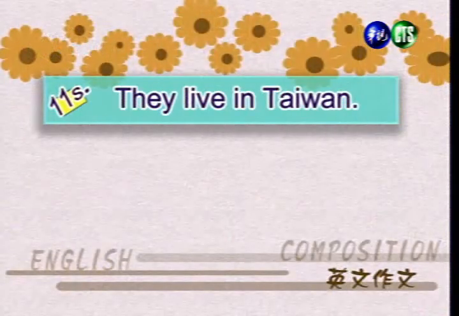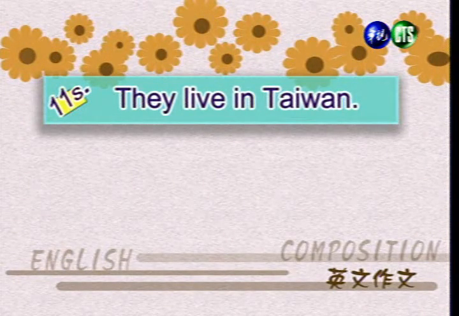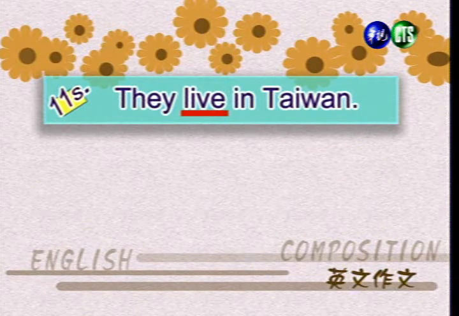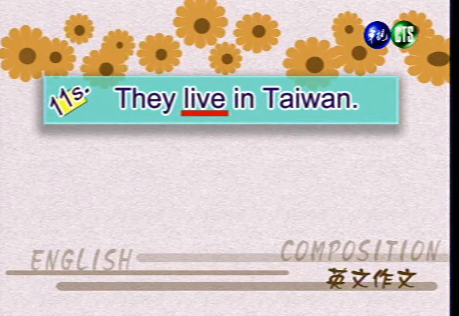So the verb of our sentence here is live. There's no auxiliary verb in this sentence, and there's no be verb in this sentence. And so we're not going to change the word order of this sentence.